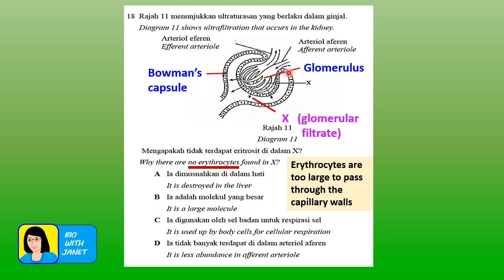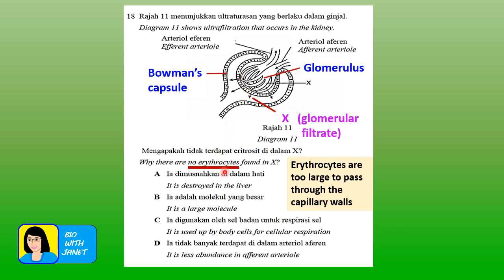The blood is flowing into the glomerulus via the afferent arteriole and out via the efferent arteriole. Some fluid is pushed out because of the high hydrostatic pressure in the glomerulus, into the Bowman's capsule.